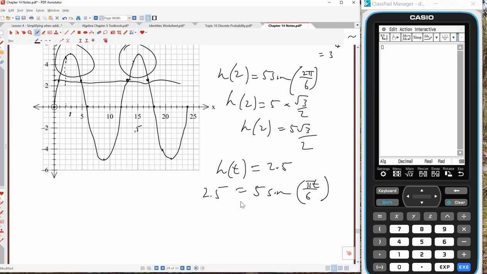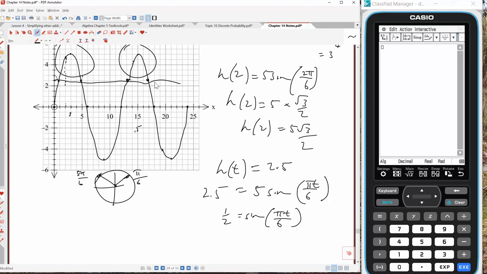If we divide both sides by 5, I get 2.5 over 5, which is actually a half. Now when is sine a half? It's going to be here at pi on 6, and over here, which is 5 pi on 6. So those are our first two results.